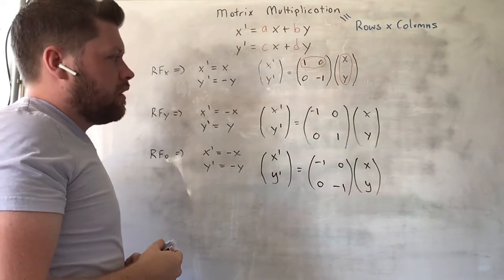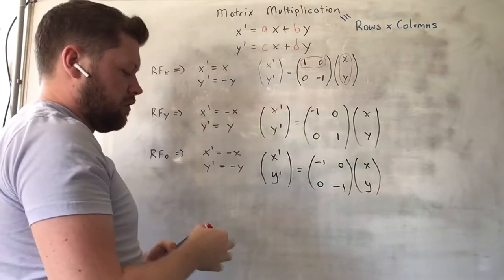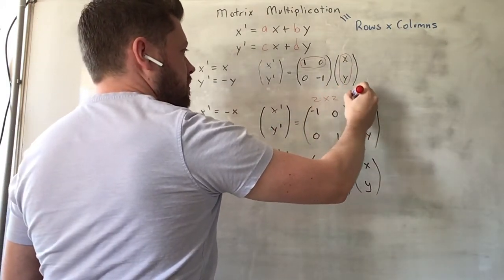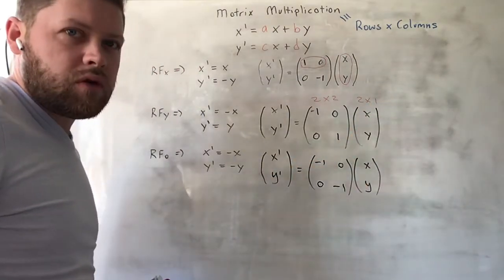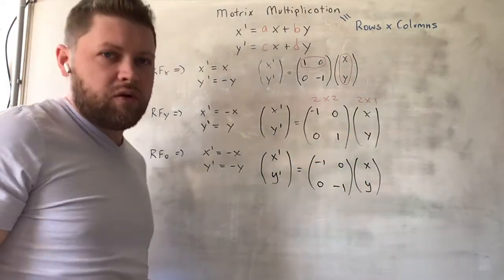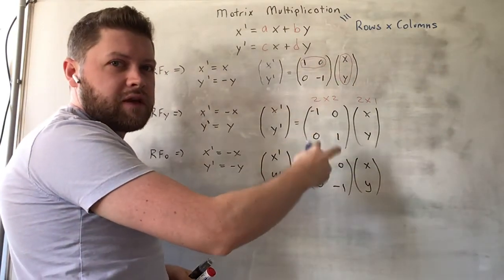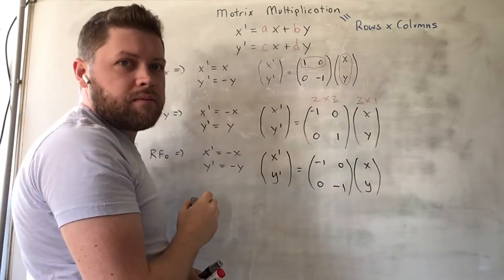Okay, so this was matrix vector multiplication, or in other words, we were always multiplying a 2 by 2 matrix times a 2 by 1 matrix. Okay, I should say that it is a general rule that if you're multiplying two matrices together, the number here and here ought to be the same.